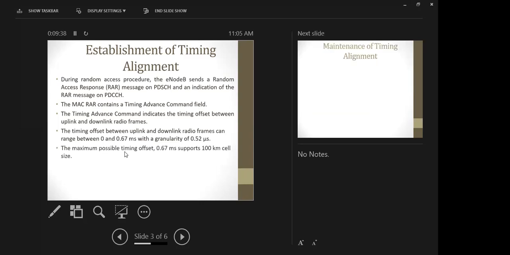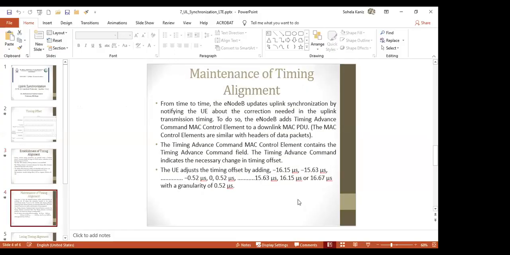However, you see that when you establish first, the value you can set can be as large as 0.67 millisecond, and the granularity here is 0.52 microsecond. Compared to what you had for maintenance, the range was from minus 16 microsecond to plus 16 microsecond, so almost 33 microsecond.